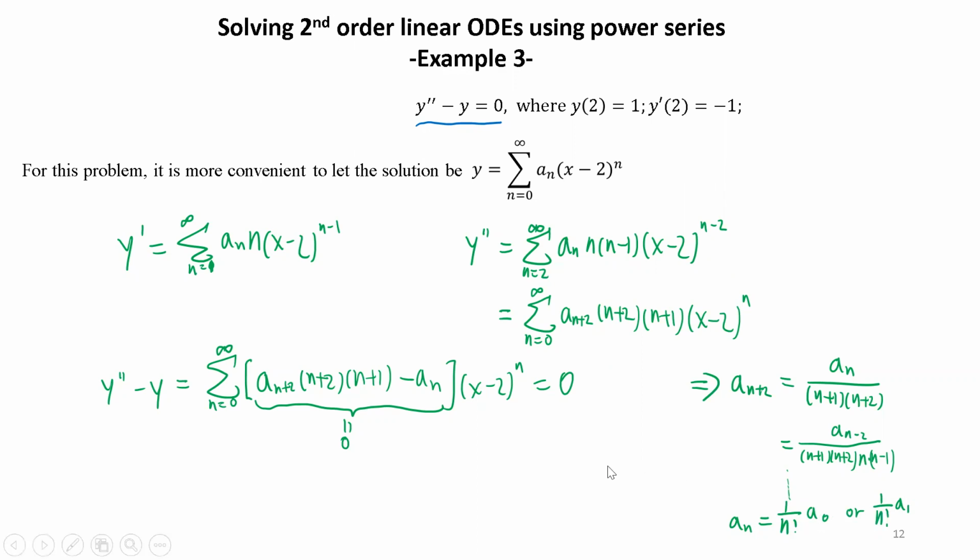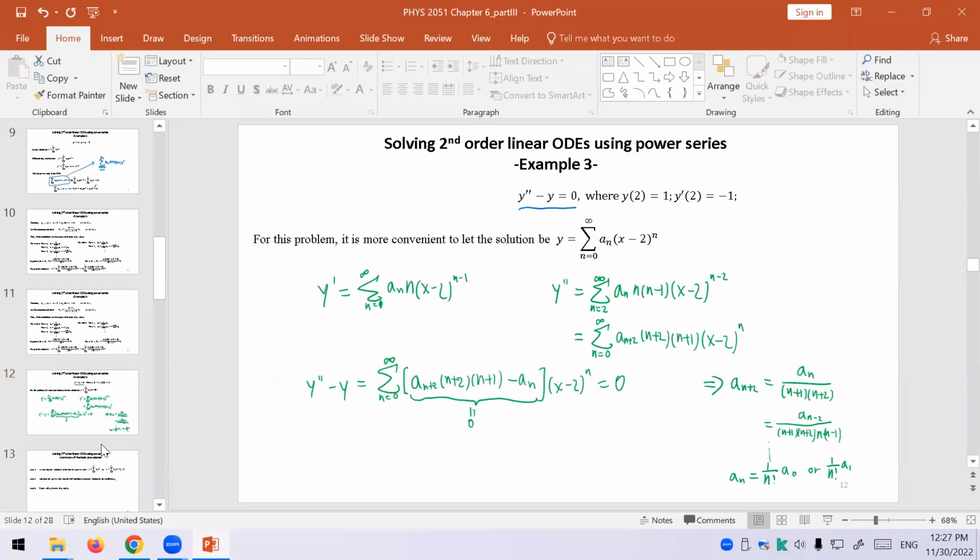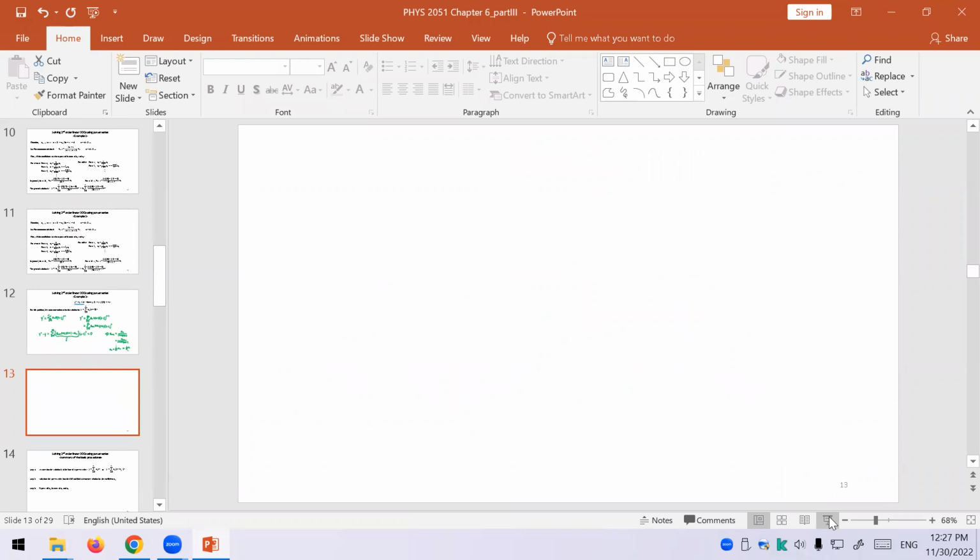And with that, you can go back to... let me open a new page. So I have 2 different cases. For n equals 2k, this is the case where I have the even coefficient, so a_n is just given by 1 divided by (2k) factorial times a naught.